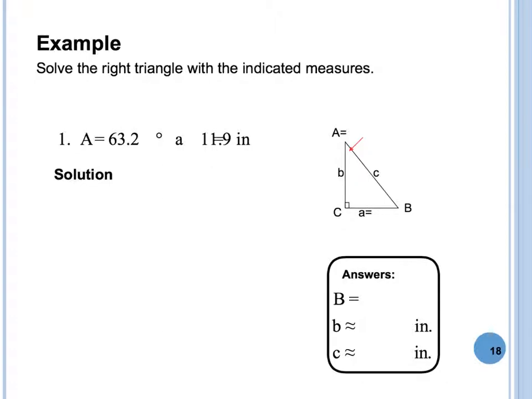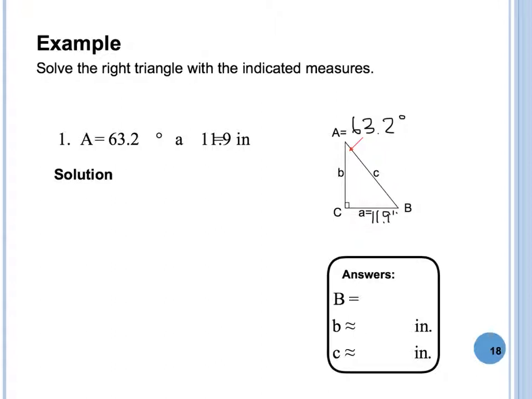In the next couple examples, we are looking to find all of the missing pieces in our triangle. We have a little bit of information here. They're telling us angle A is 63.2 degrees and little a is 11.9 inches.